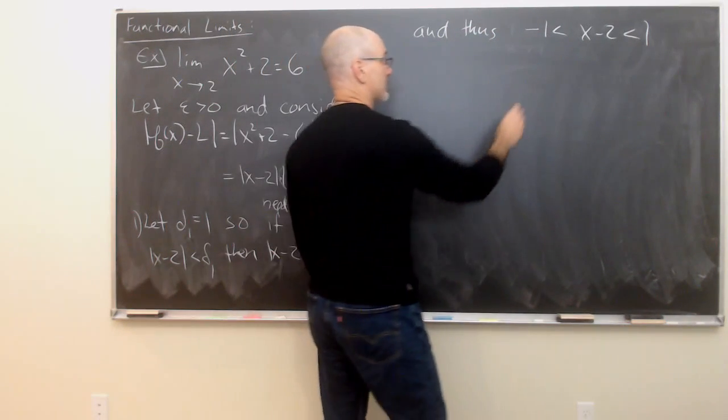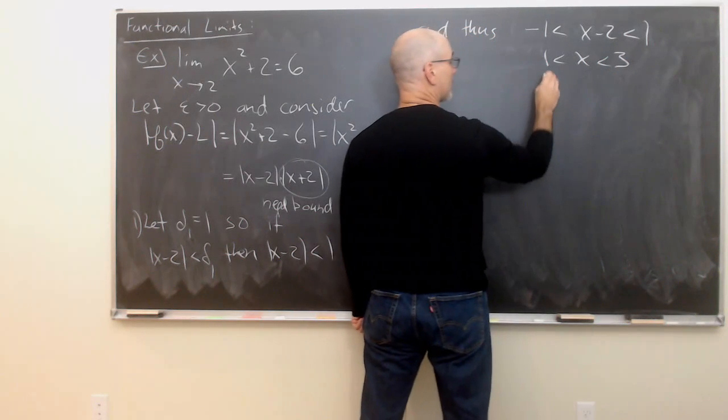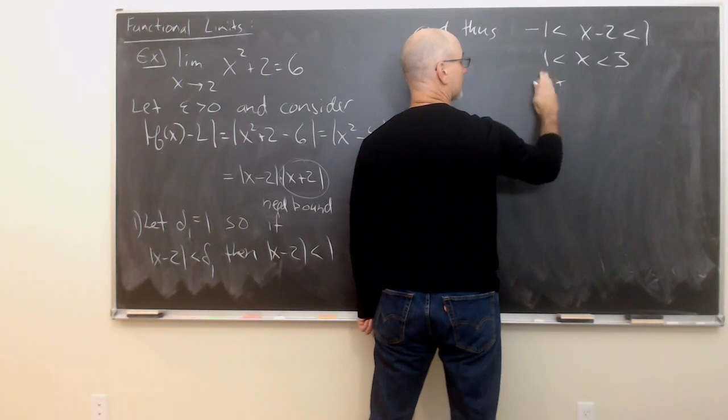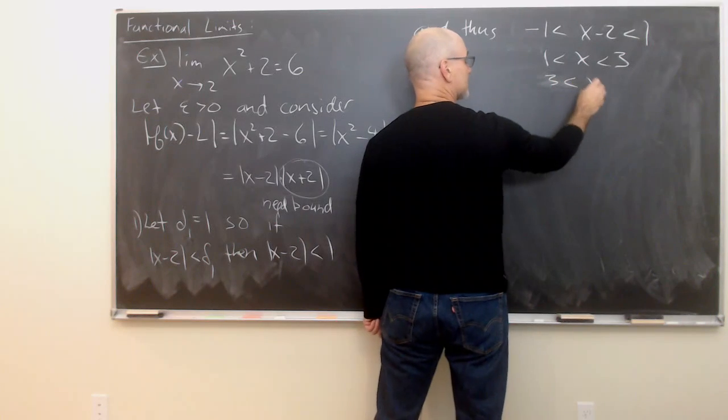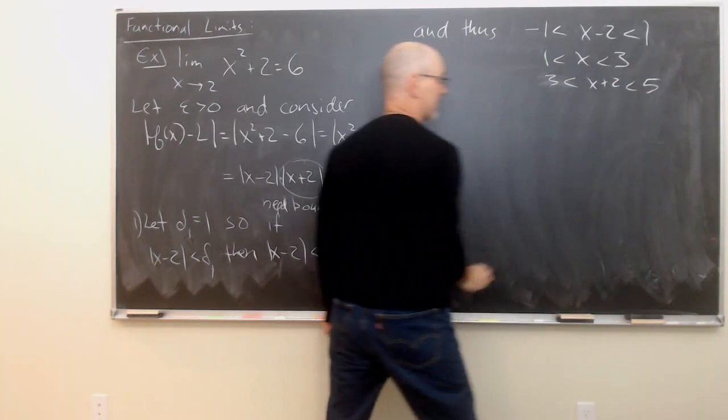And that in turn means 1 is less than x is less than 3. And so 3 is less than x plus 2 is less than 5.